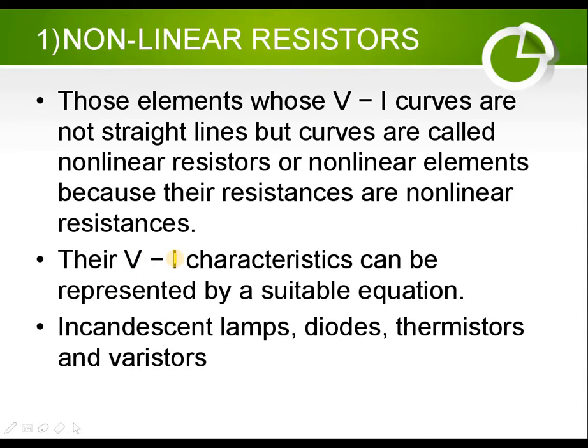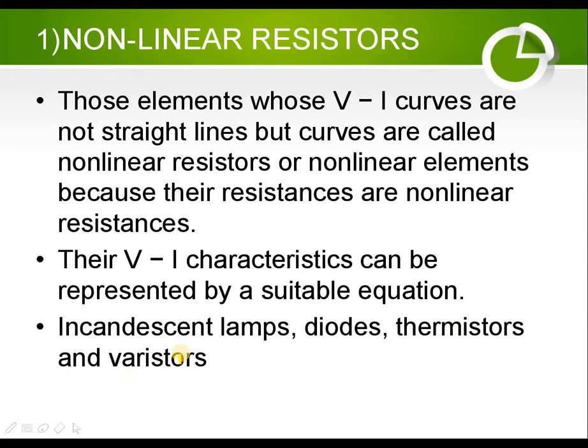It is basically a graph between the voltage and the current, which we had already explained in the case of Ohm's law in our earlier lecture. The VI characteristics can be explained by suitable equations. There are some examples: incandescent lamps, diodes, thermistors, and varistors.